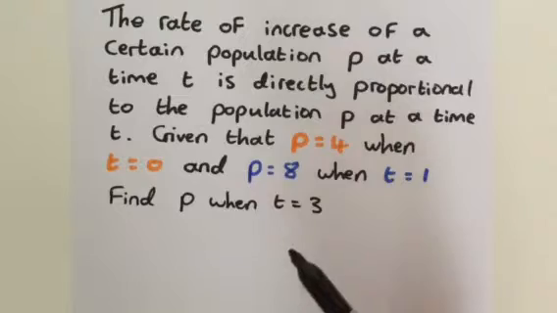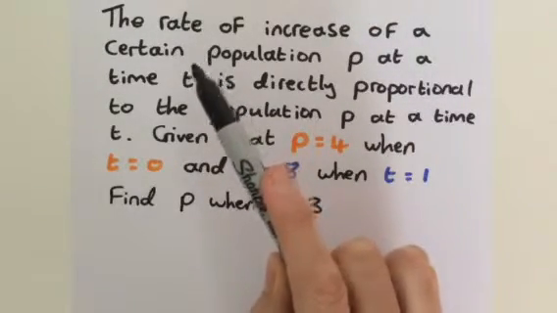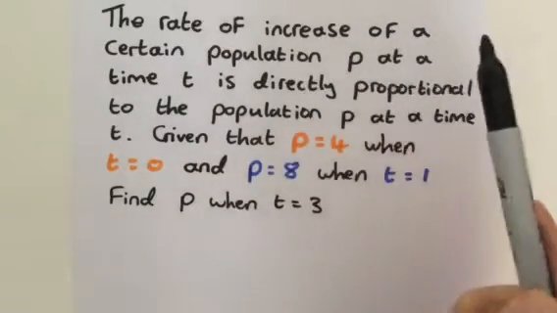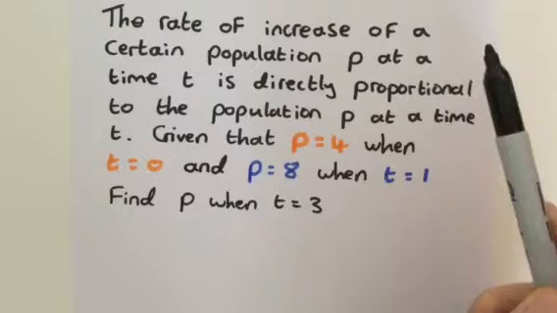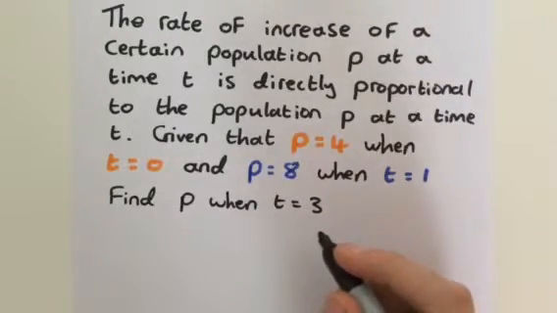First of all, we're using a differential equation. It says the rate of increase of a certain population P at a time t is directly proportional to the population P. That should be obvious that we're using a differential equation.